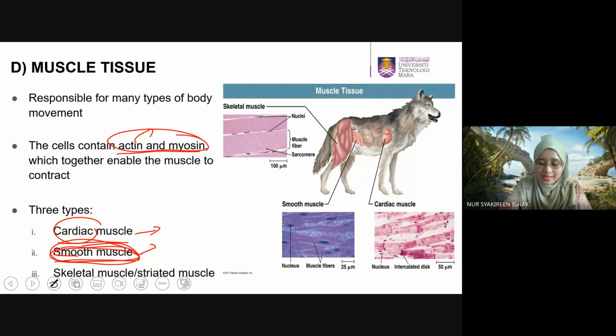Smooth muscle contracts involuntarily. You cannot control the contraction of smooth muscle. You cannot control vasodilation or vasoconstriction, the contraction of blood vessels, so it is involuntary. You cannot control the process of peristalsis.